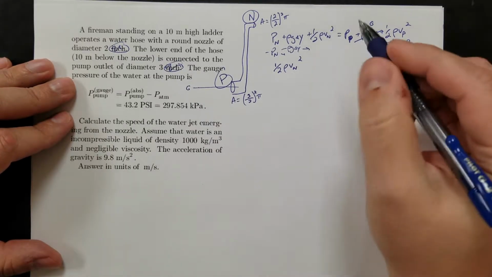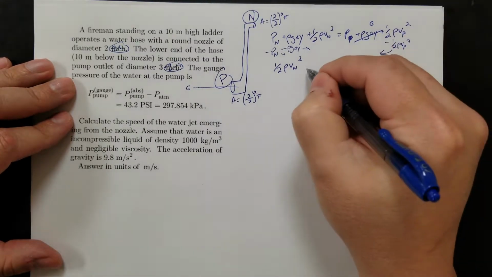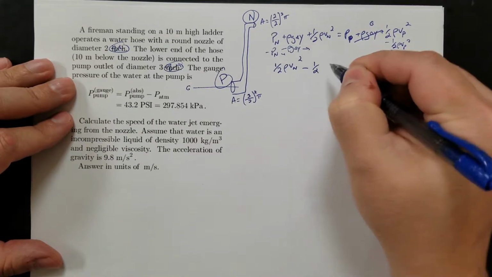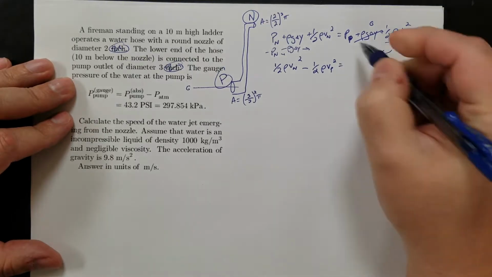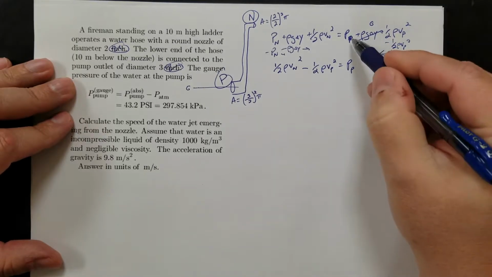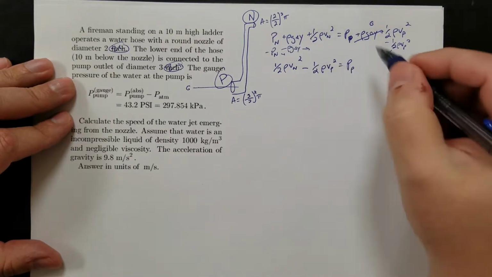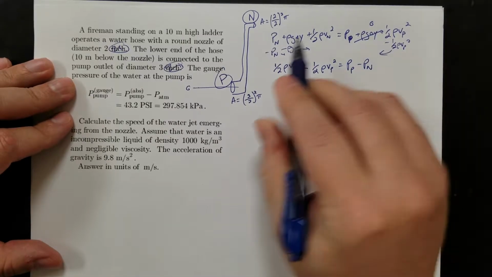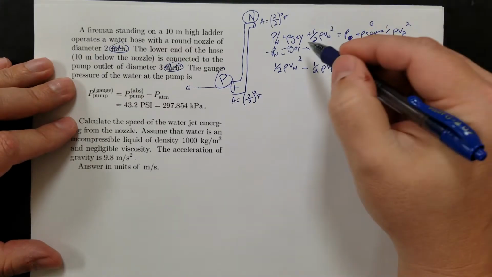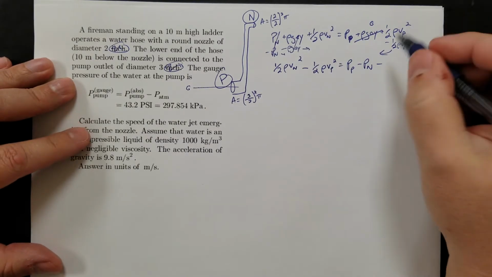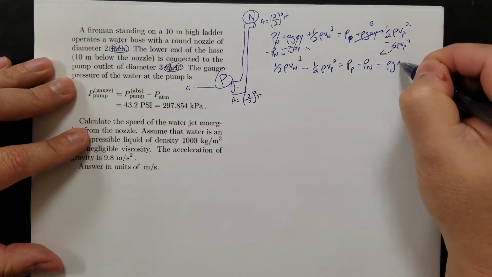So 1/2 density times v nozzle squared minus 1/2 density v pump squared equals the pressure at the pump, minus the pressure at the nozzle, I'm subtracting that over to the other side, minus rho g delta y.